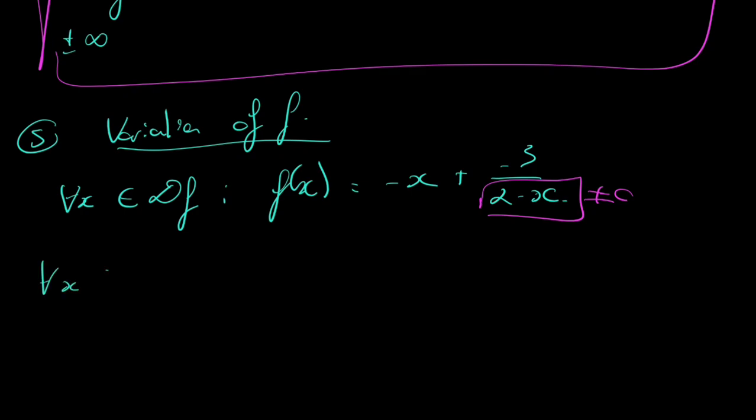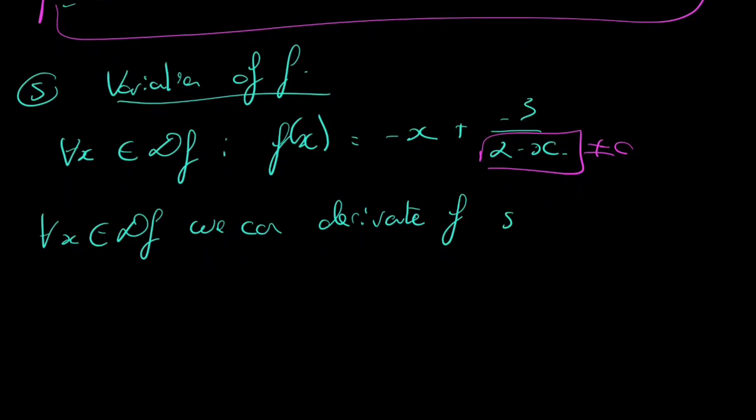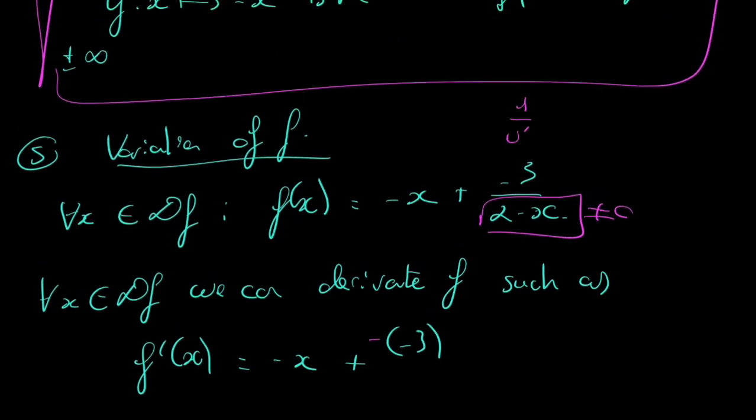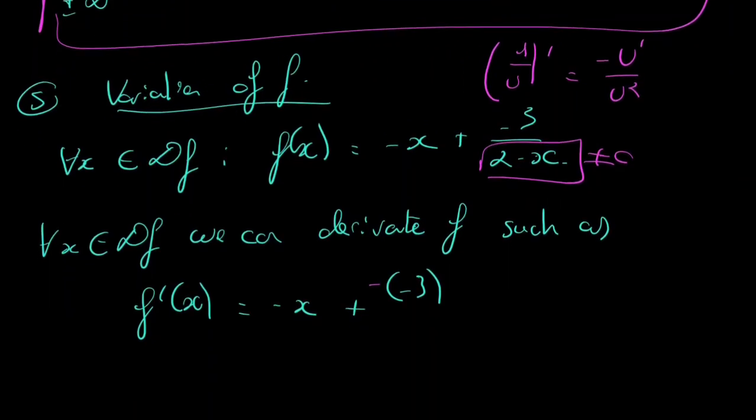And so for all x in Df, we can derivate f, such as f prime of x, which is the derivative, is equal to, we first derivate this one, -x, plus -3, we keep the coefficient, times a first minus, so here we've got something like 1 over u, prime over u, sorry, prime, and this is equal to -u'/u².